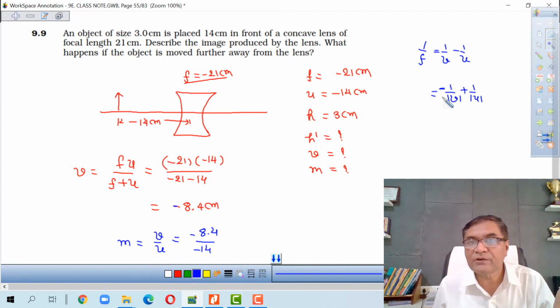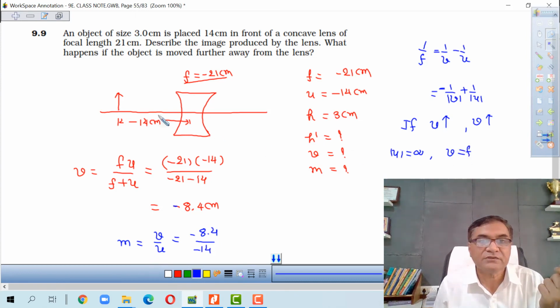To keep 1 upon F constant, this must also decrease. This decreases if V increases. So if U increases, at the same time V also increases to keep F constant. So if U is equal to infinity, then V must be equal to F. So the image will stand at F, up to that it will go.